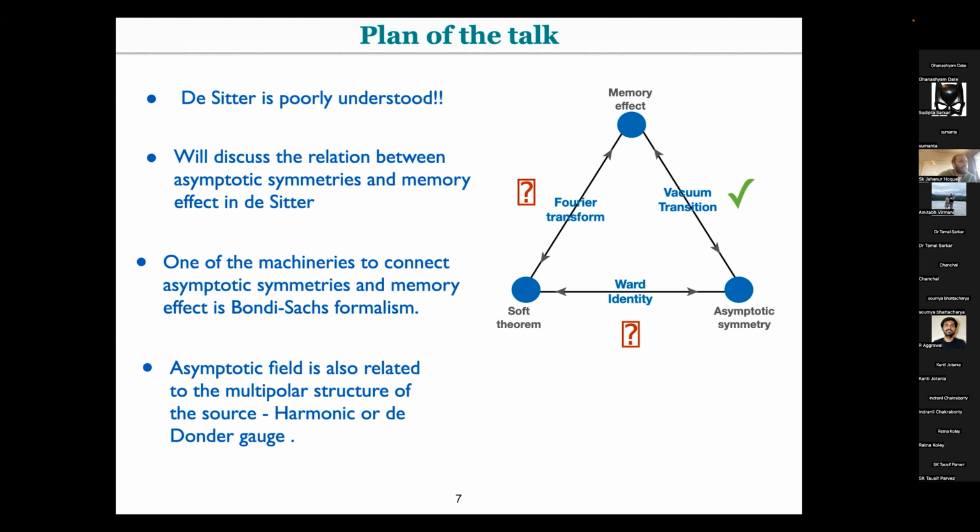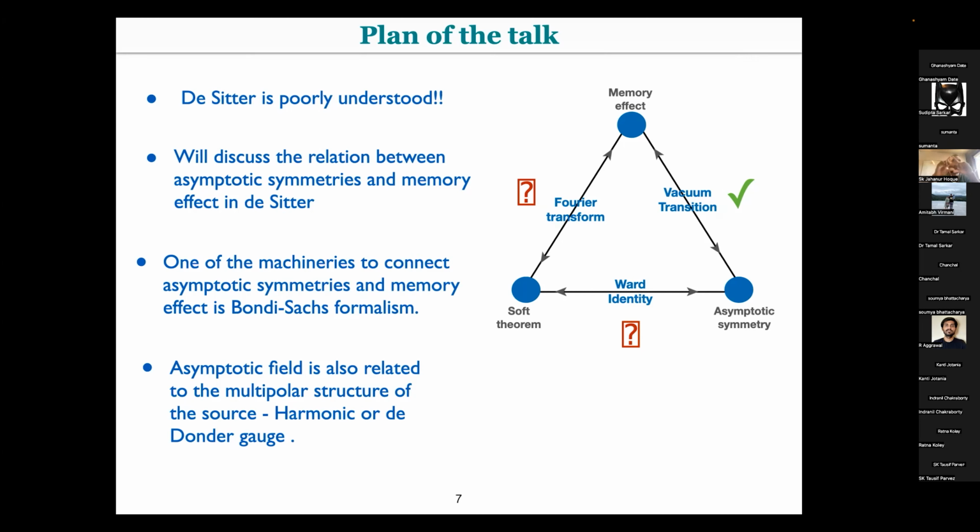One of the machineries to connect asymptotic symmetries and memory effect is the Bondi-Sachs formalism. So we'll talk about asymptotic symmetries and memory effect in the Bondi-Sachs formalism. Also, I must say that the asymptotic field is related to the multipole structure of the source. When you observe a gravitational wave event, a gravitational wave template, you can infer the mass or spin of the black hole, right?